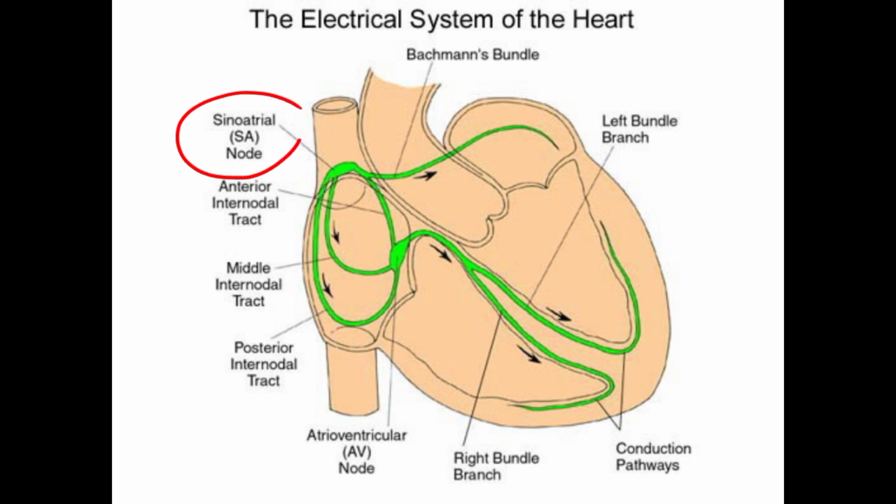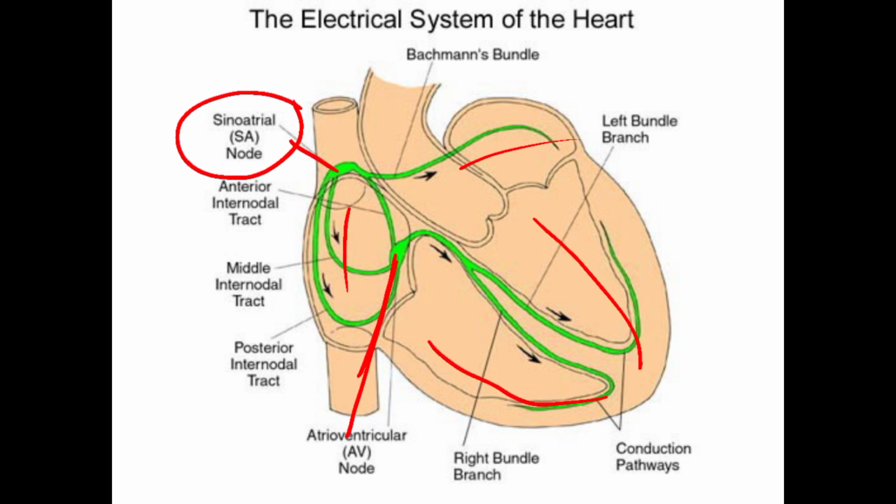This is the SA node, the pacemaker. The SA node at the right atrium is called the pacemaker of the heart. Pacemaker means it produces the impulse. And this is the AV node. Just remember SA node, AV node, this is the ventricular muscle, and this is the atrial muscle.